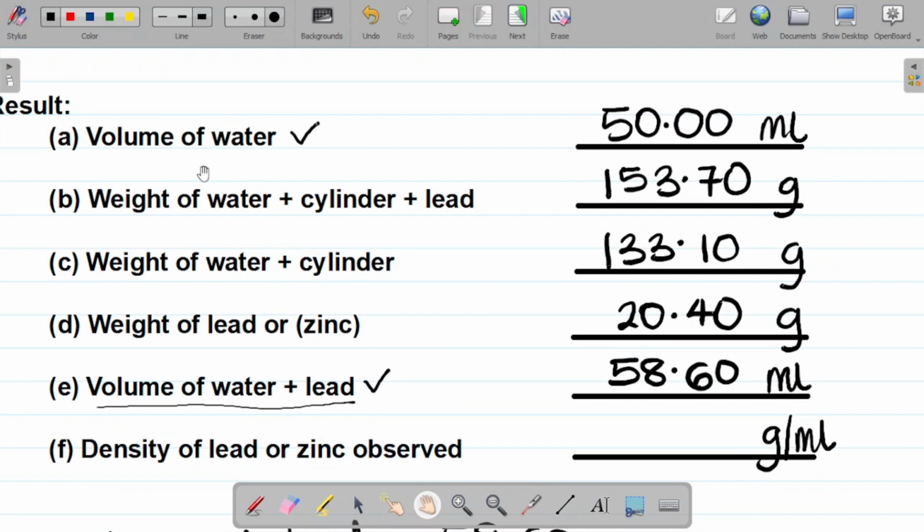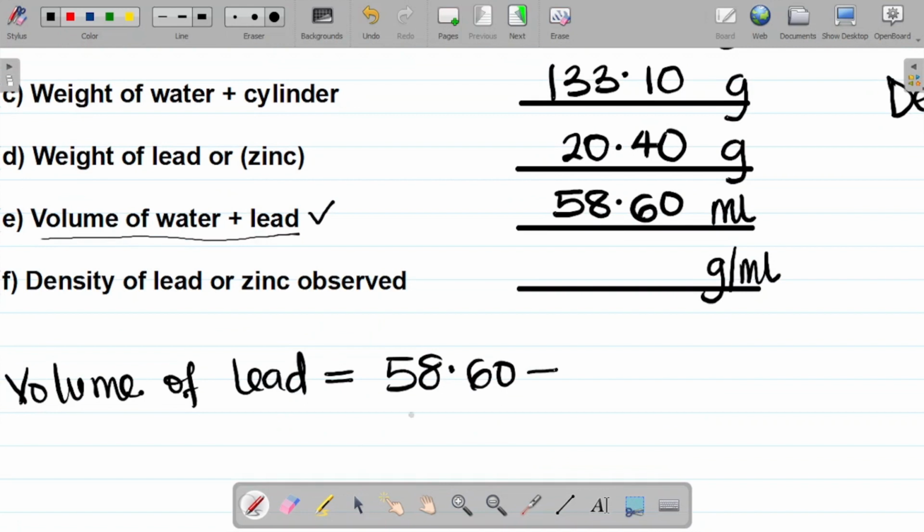It's more like saying I'm having a combination of water and lead and I'm taking out water. If I take out water, obviously I'll be left with the volume of lead. So that's the concept. It becomes minus volume of water, which is about 50.00. If I subtract this, I should have about 8.60 as my answer.